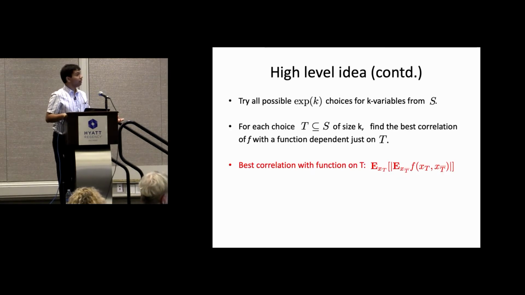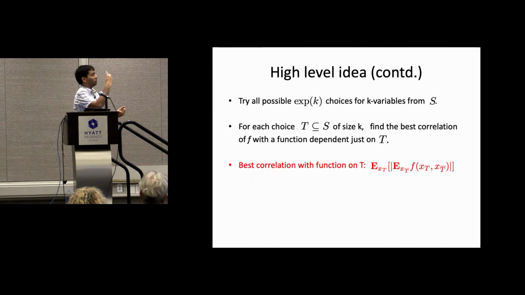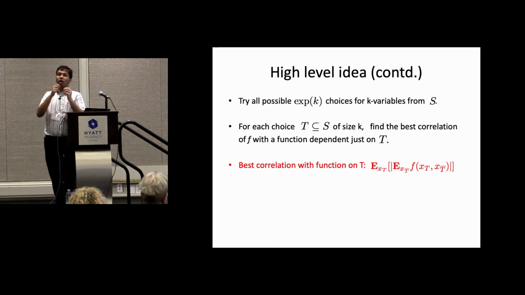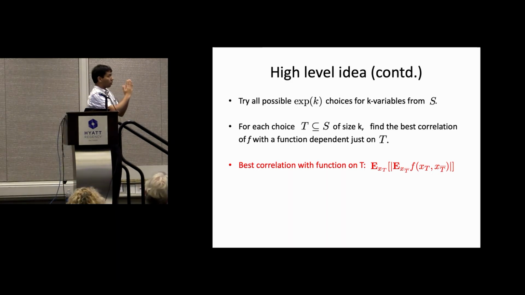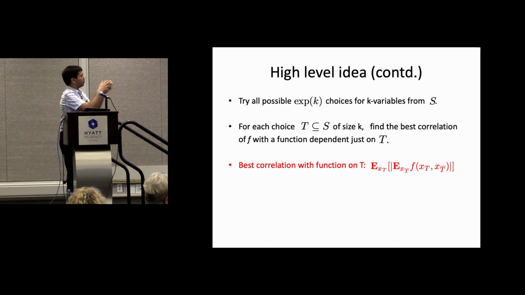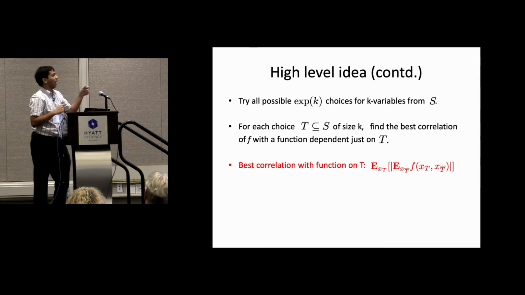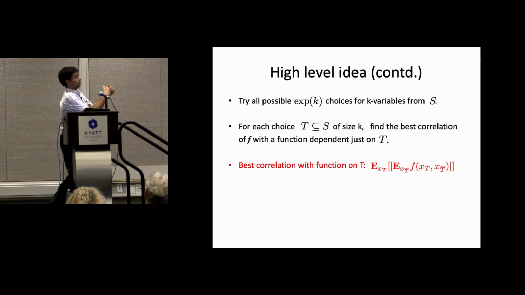Why? Well, I can try out all possible choices of k variables from the set S. For each of these choices T, I can find out the best correlation that f can have with a function dependent just on this set T. The best function which is just dependent on T simply looks at every possible setting of the coordinates in T, and then outputs the sign of the average value that the function f takes on the subcube corresponding to x_T.